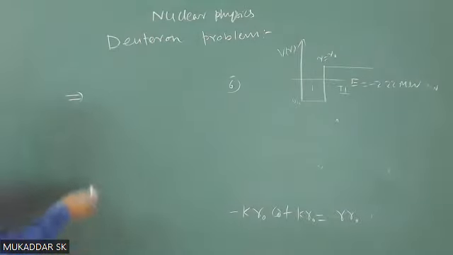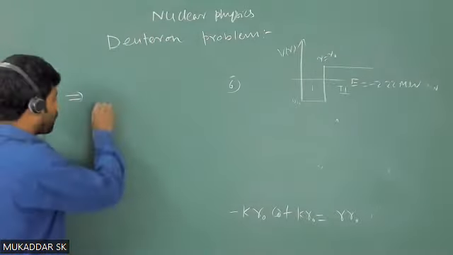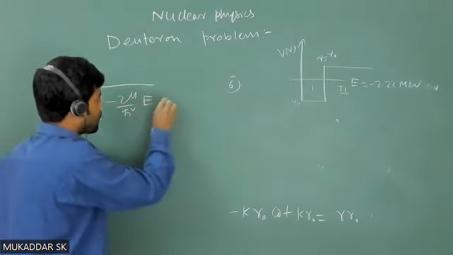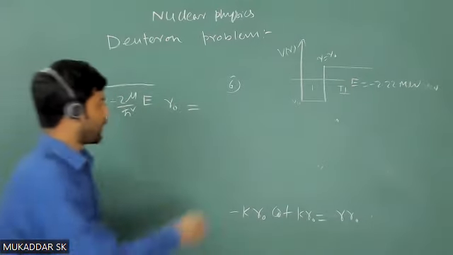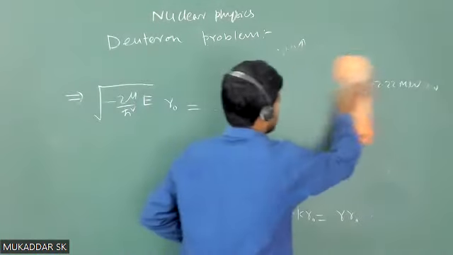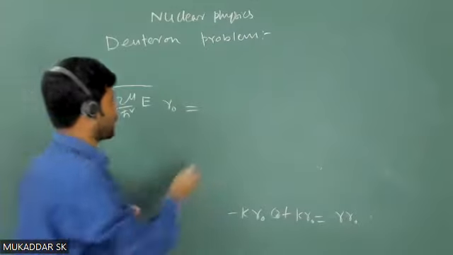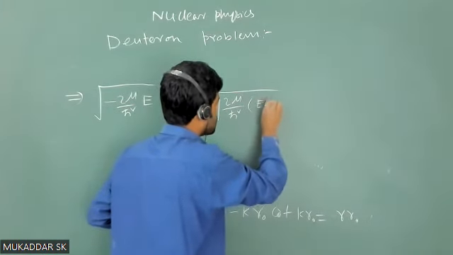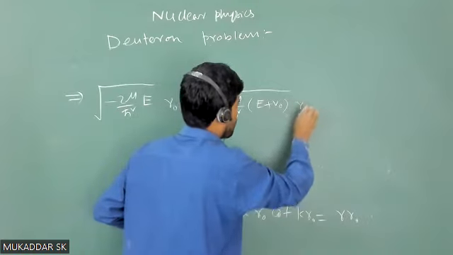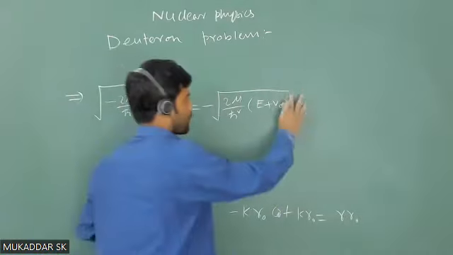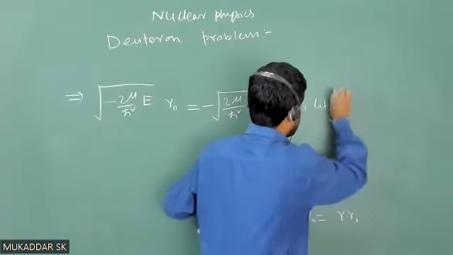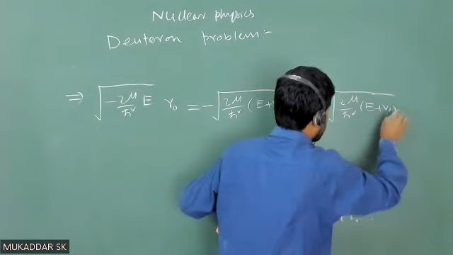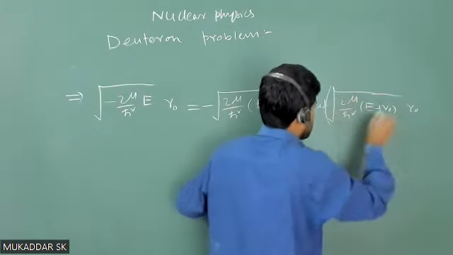If I substitute it, I'll basically get square root of minus twice mu by h cross square, E, R naught, and that should equal minus square root of twice mu by h cross square, E plus V naught, R naught outside of the square root, times cot of square root of twice mu by h cross square, E plus V naught, R naught outside of the square root.